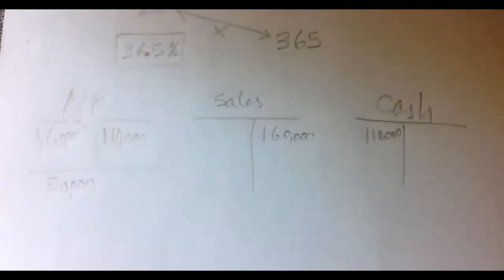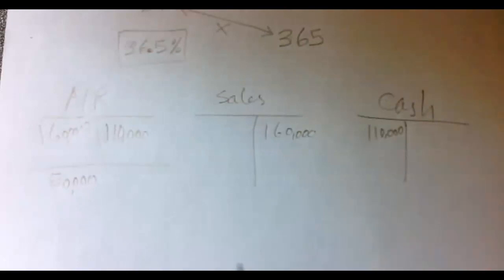So accounts receivable is 160, sales is 160, you collect 110, accounts receivable goes down by 110. That means you have a $50,000 balance on your accounts receivable by the end of the year.